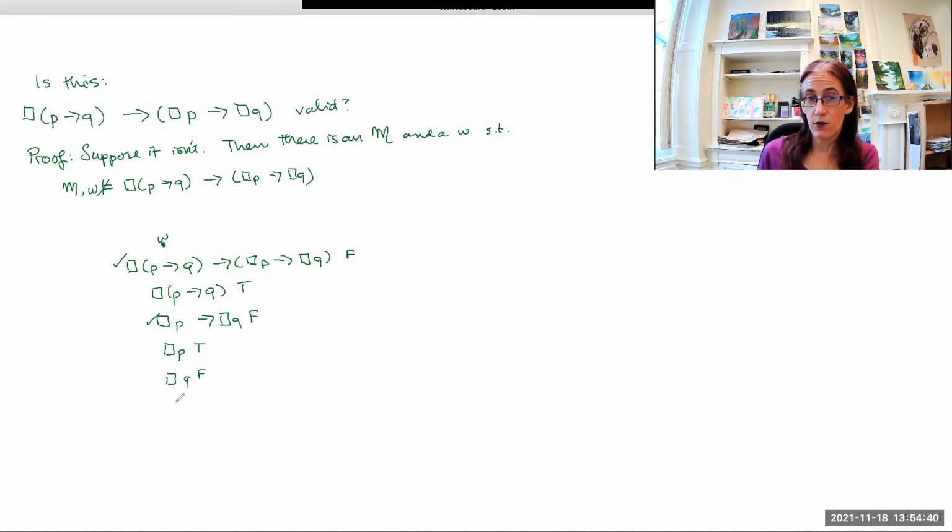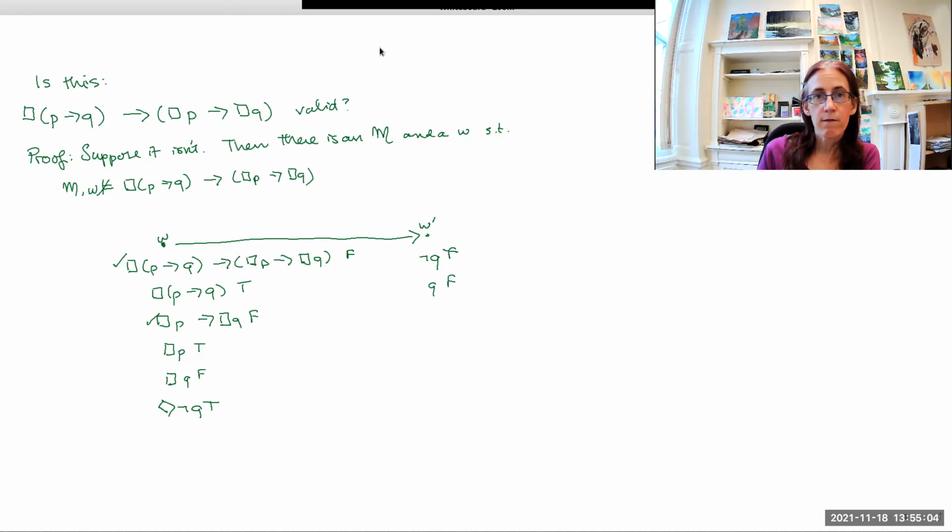We need it to be false. This is the same thing as saying that it's possible that not Q. Now, in order for a possibility claim to be true, W has to be able to see a world, we'll call it W prime, where not Q is true or Q is false.